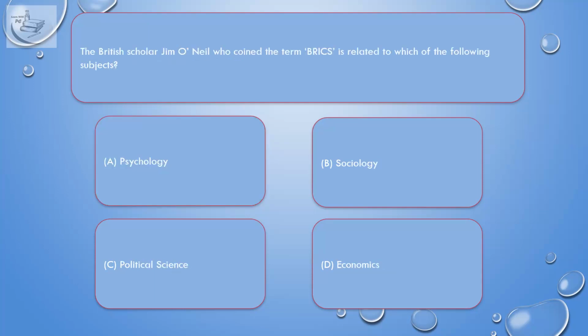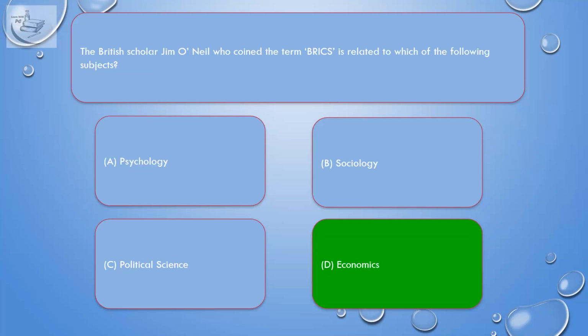Question: the British scholar Jim O'Neill, who coined the term BRICS, is related to which of the following subjects? A. Psychology. B. Sociology. C. Political science. D. Economics. Correct answer is D. Economics.